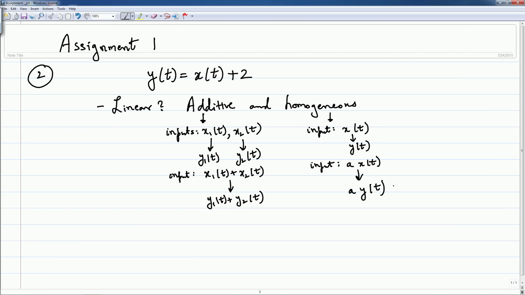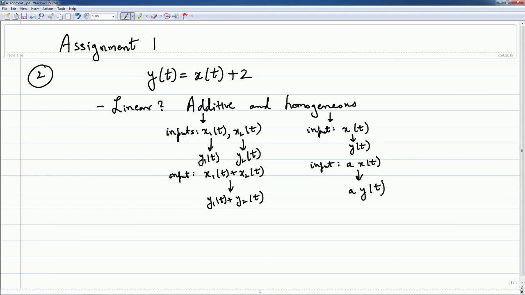Any input-output relationship for a system, if it satisfies these two properties, additivity and homogeneity, then that system is said to be linear. Okay. So now we have a system here, y of t equals x of t plus 2, and one needs to check whether both these properties are satisfied by this input-output relationship.